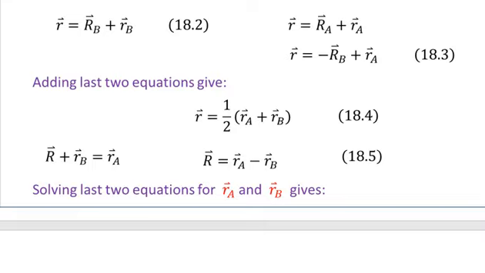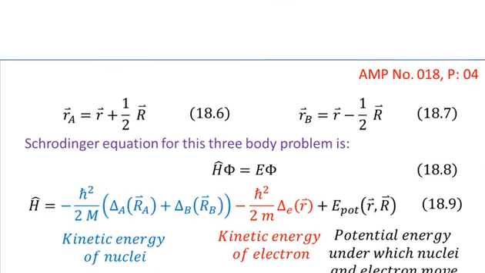I can find small ra is equal to small r plus half times capital R, and small rb is equal to small r minus half times capital R. So you see that I have solved for the position of the electron from nucleus A and from nucleus B, which are ra and rb respectively, in terms of the two parameters.